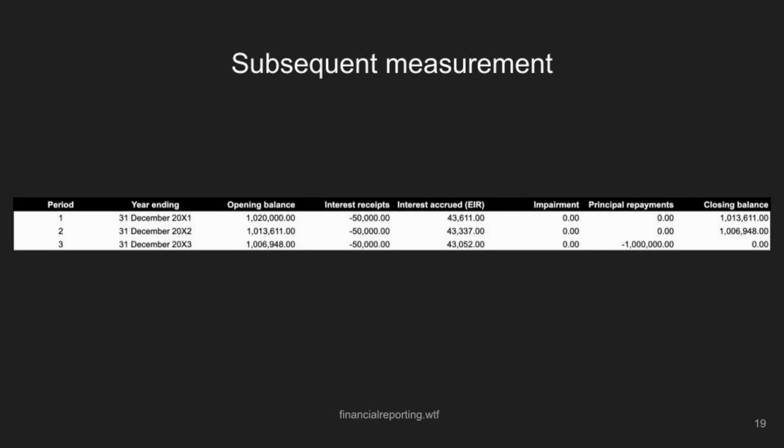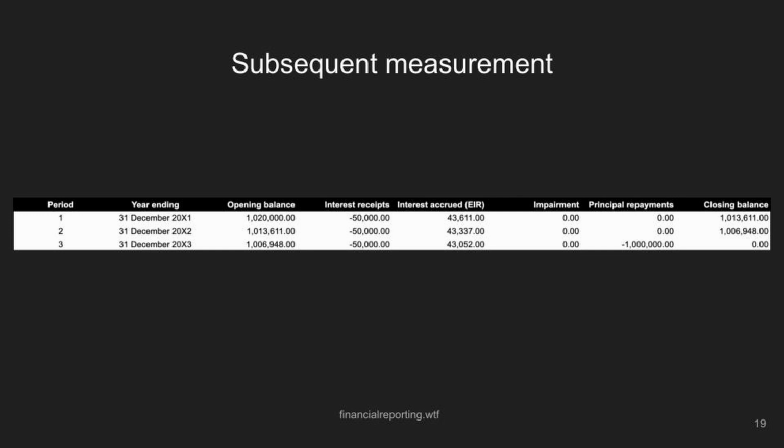We can then consider any impairments recognized during the period. Under this scenario, there are none. We can then consider principal repayments. In this scenario, there will only be one in the third and final period. With this prepared, we can determine all of the journal entries that we need to post each period.